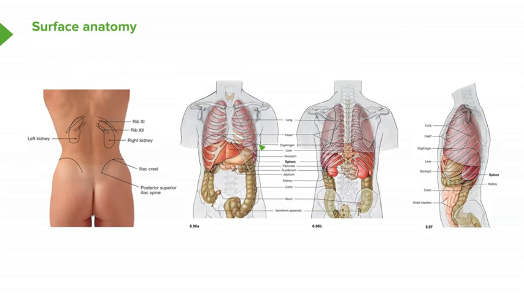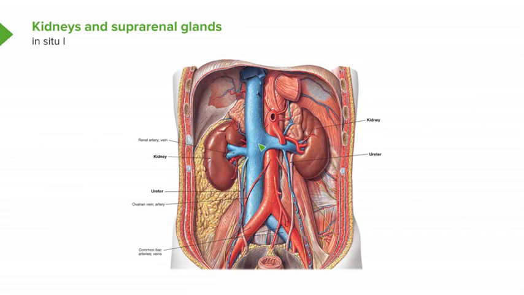So if we return to the supramedial aspect, we can see the suprarenal glands are going to be located around about here on both of those kidneys, and these are intimately associated with the superior poles of the kidney. They have 2 parts, an outer cortex and an inner medulla, and as we'll see, these are highly vascular glands.